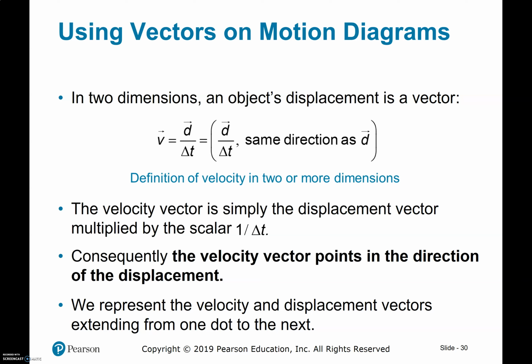Those two diagrams show how to use vectors in motion diagrams. In general, you'll have a displacement vector, and then you divide that displacement vector by your time interval, and you get the vector that goes in the motion diagram, and it typically has the same direction as the displacement vector.